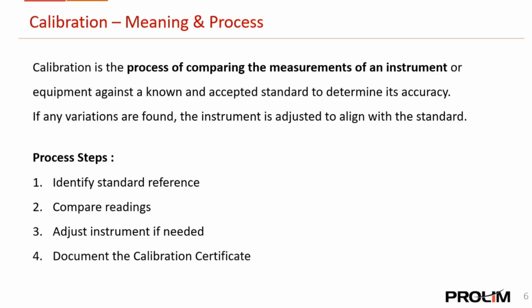The process is, first, to identify the standard for reference, and next, to compare the readings of that instrument with the standard and adjust the instrument if it is out of calibration. If any documents are generated in the calibration, we have to upload that certificate in the solution we have developed.